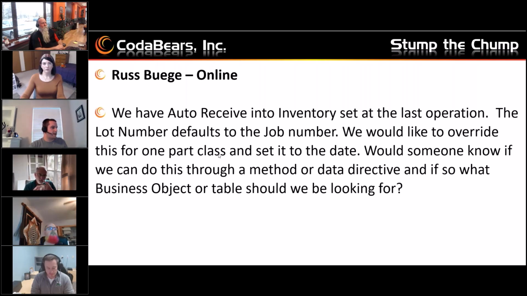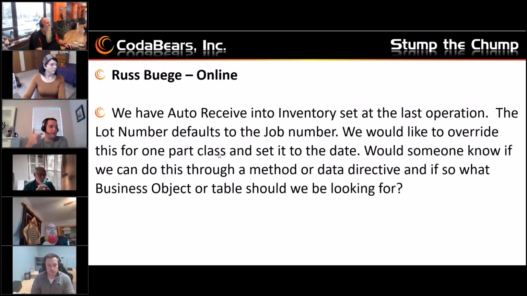But thankfully, Epicor actually sets a context flag in the transaction that lets you know that this particular transaction is coming from an auto-receiving job operation. And so then you can hang on to that, and in a Part Tran data directive, create a new lot with whatever properties you want. I'll send the code snippet to Fred and he can share it, but this is an example. This is what we're doing.